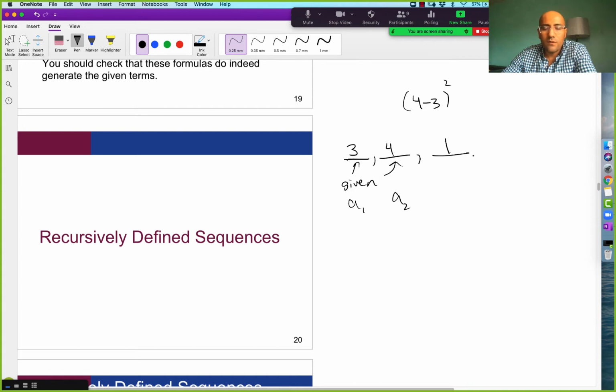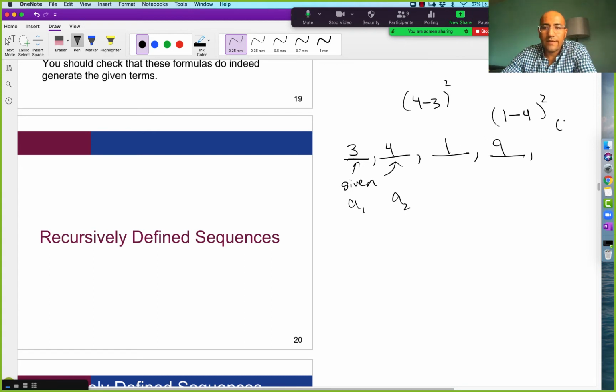Good. And then the next one is going to be subtract the previous 2 in this order. So then this would be 1 minus 4 and square it. So that would be 3 squared, which is 9. Good. Maybe the next one then would be this one minus that one.